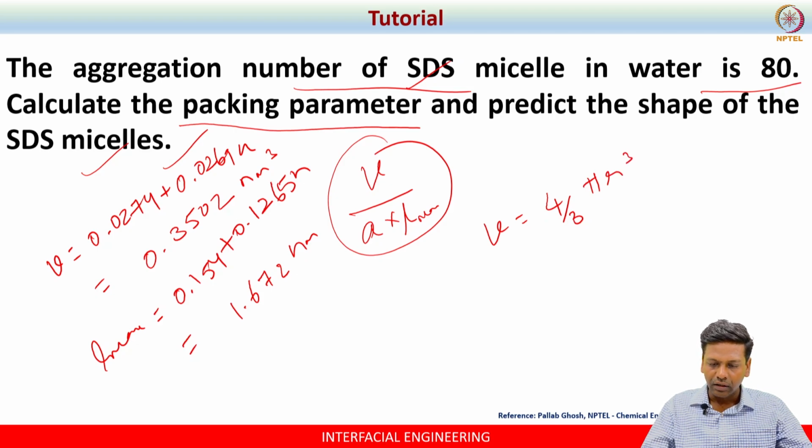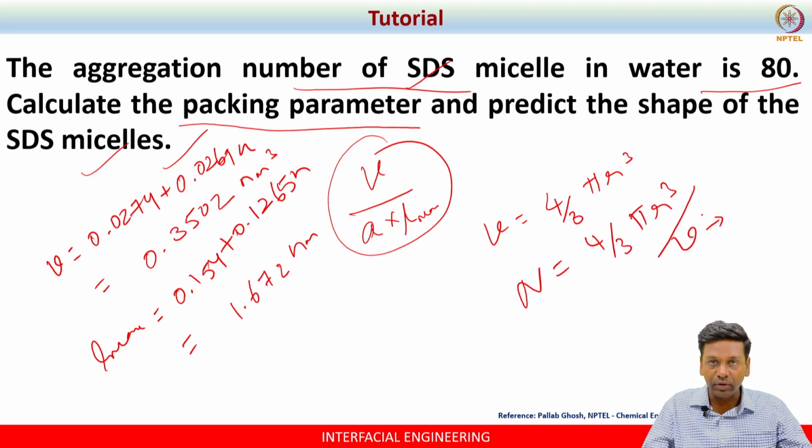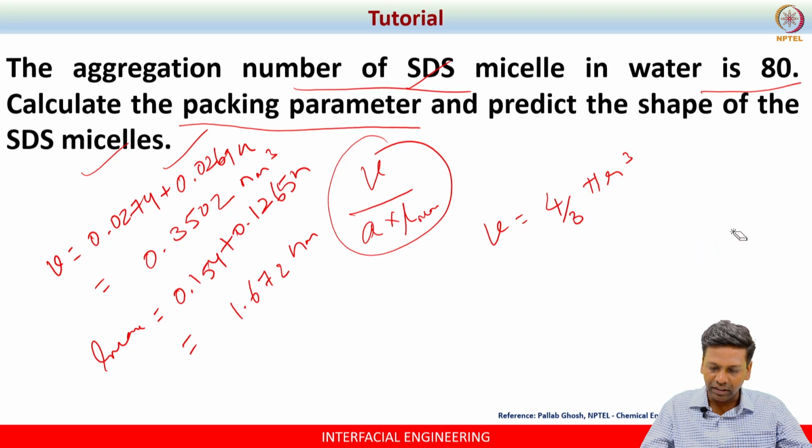Which means that n is nothing but 4 by 3 pi r cube divided by the volume of individual surfactant. Since we know n, that is 80, and since we know v as well, what we can calculate is r, the radius of the micelle in this case, right?